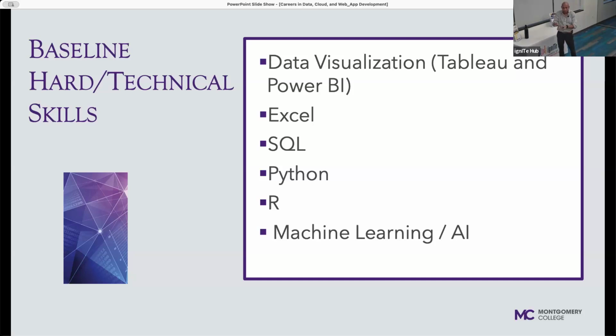Running these scripts in Python is how you can look for these little nuggets of gold and discard the rest of the stuff. R is a similar language. R is actually a language that is used a lot in mathematical applications, and very related to Python. Again, used a lot in the data field.